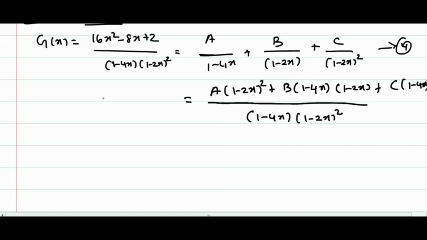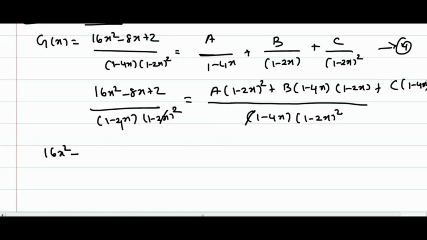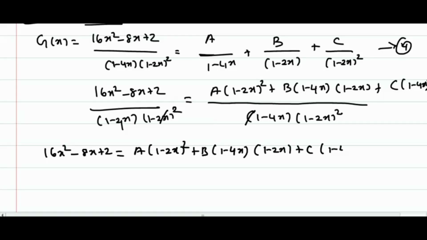On the left hand side we have 16x square minus 8x plus 2. We see the denominators of the left hand side and right hand side are the same, so both get cancelled. We get only the numerator value. What is the numerator value? 16x square minus 8x plus 2 is equal to A into 1 minus 2x whole square plus B into 1 minus 4x into 1 minus 2x plus C into 1 minus 4x. So this is equation number 5.